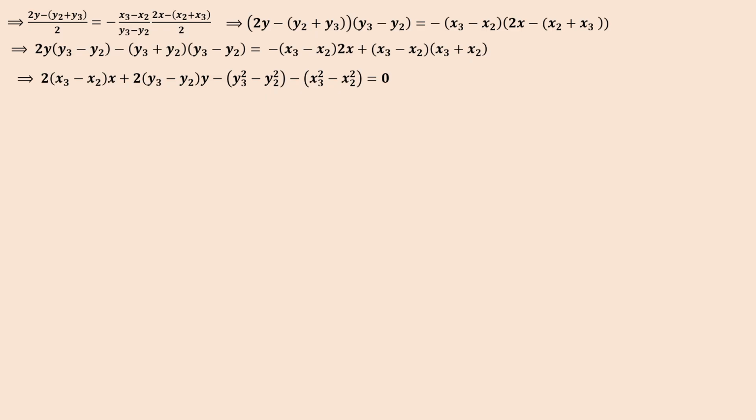Using a minus b into a plus b, we have minus (y3 square minus y2 square) minus (x3 square minus x2 square) equal to 0. That is equation number 2.